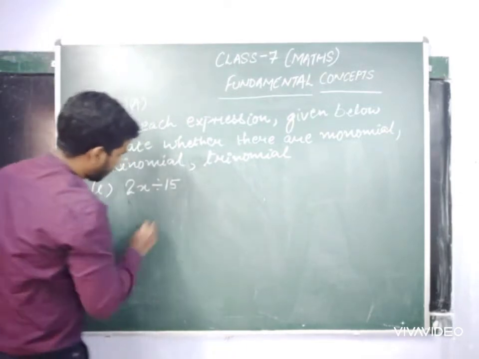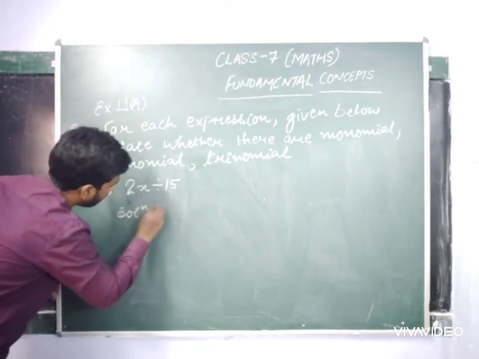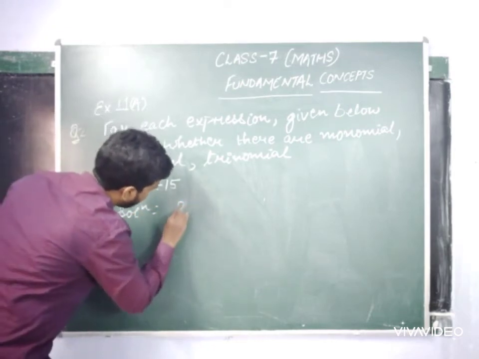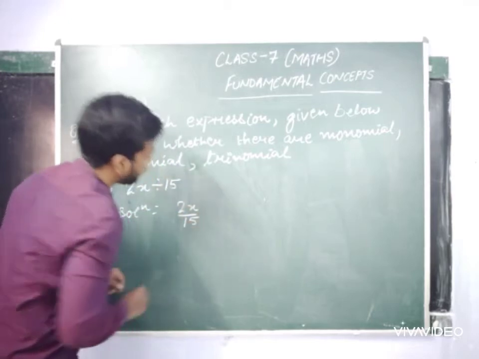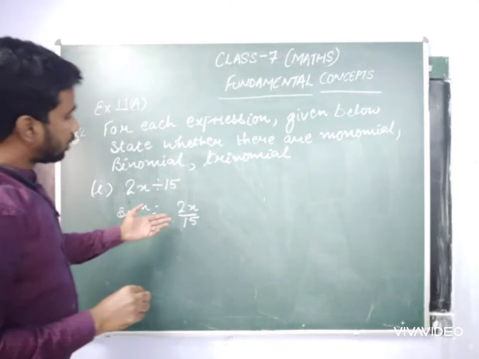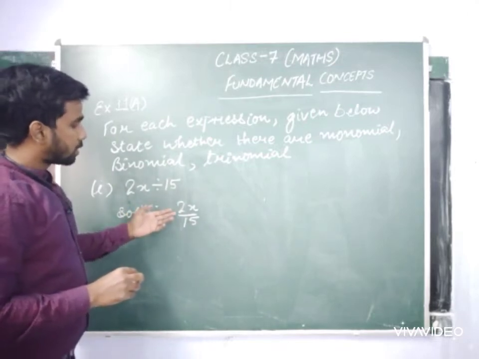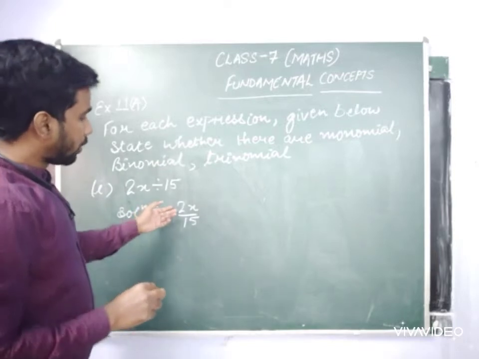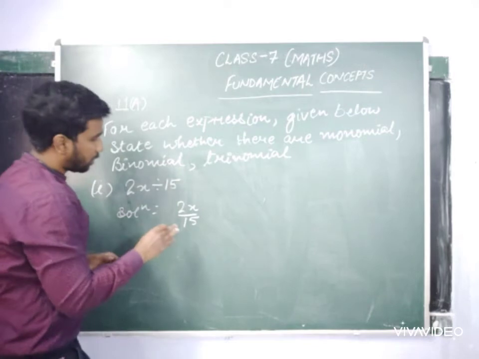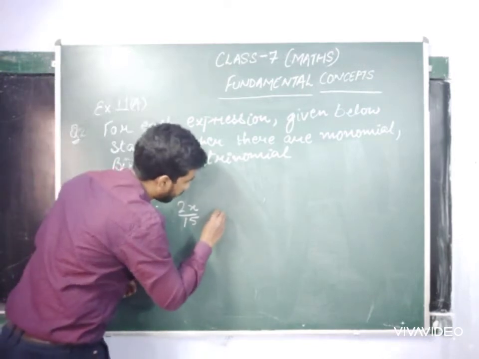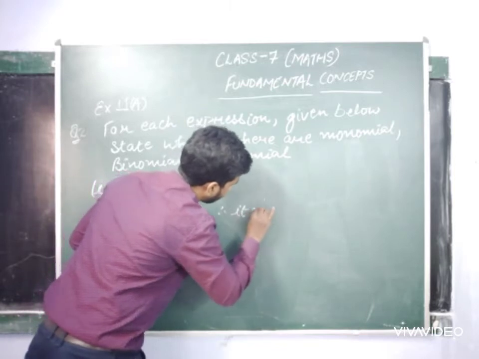So in the solution we can simply write this as 2x upon 15. Okay, so this is one single term because it is in the numerator and denominator. There is only one term which is coming, so we can state that it is a monomial.